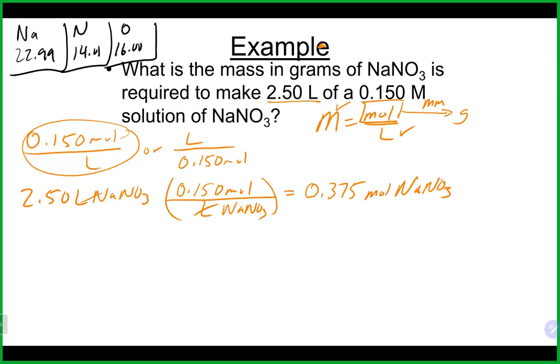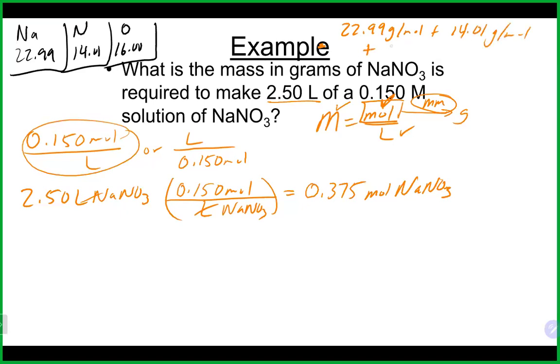So we basically just got to there. Now we do need to go to the periodic table and get our molar mass to use as a conversion factor to finish the calculation and take it from moles to grams. So in this case, we have a 22.99 for our sodium. We have a 14.01 there for our nitrogen.